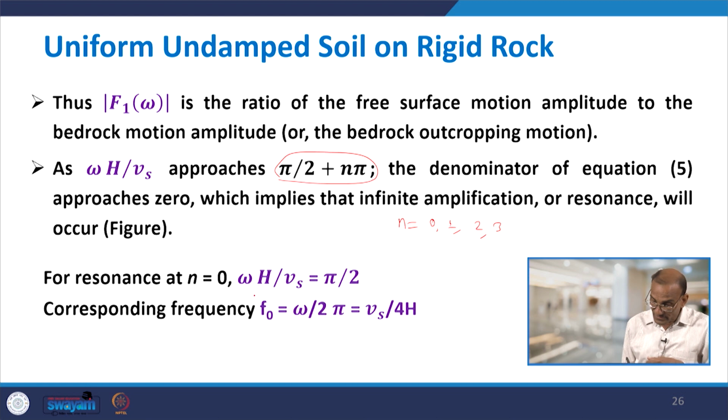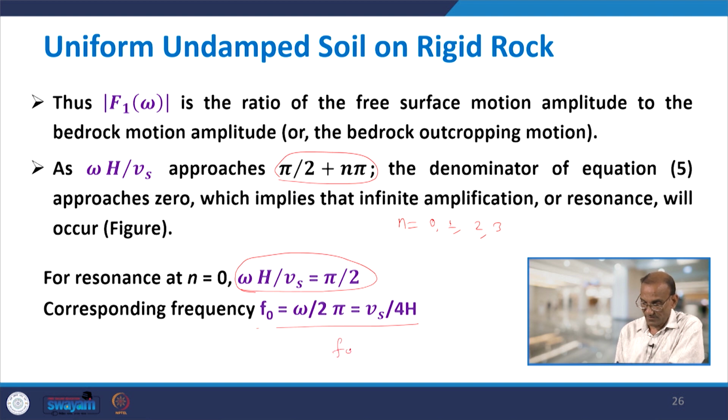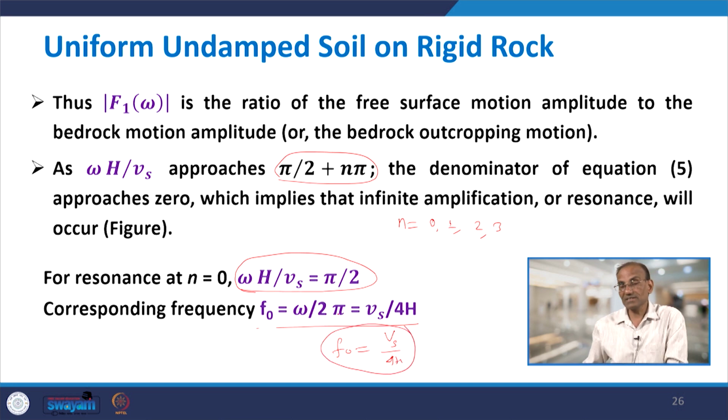Now, for this case, you can rearrange for the corresponding frequency. Omega is the angular frequency, and f0 will be omega over 2 pi, which can be rewritten as Vs by 4h. So, the first fundamental frequency you get for the soil layer is Vs by 4h, where Vs is shear velocity and h is the thickness of the soil layer.